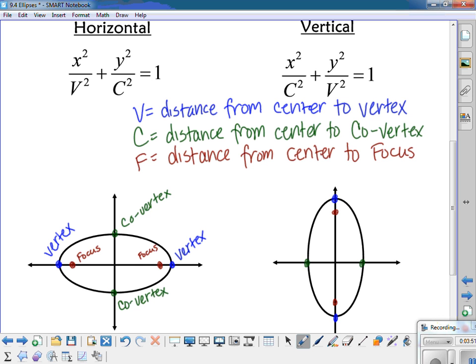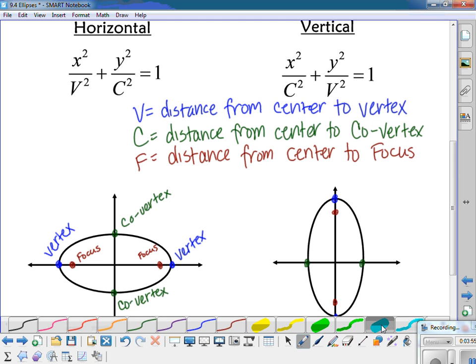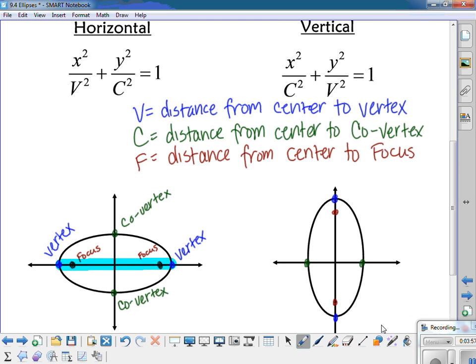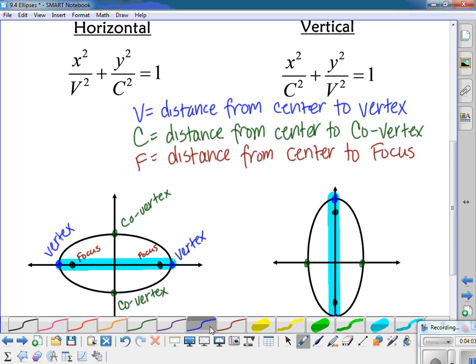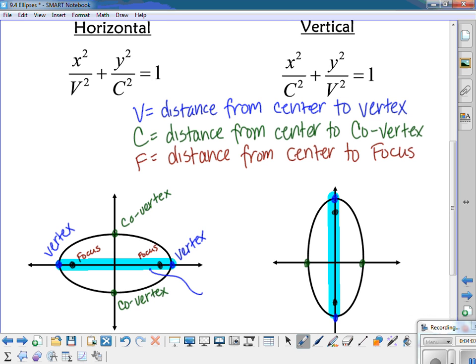And the last thing I need to tell you about are the major axis and the minor axis. So the major axis is going from vertex to vertex. And so there it is on that one.